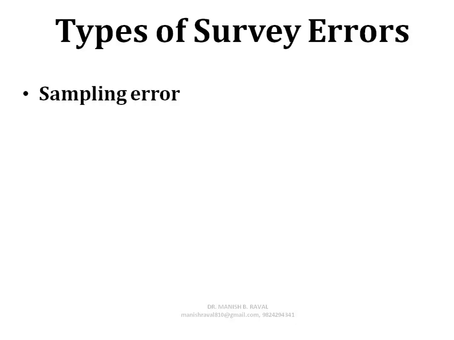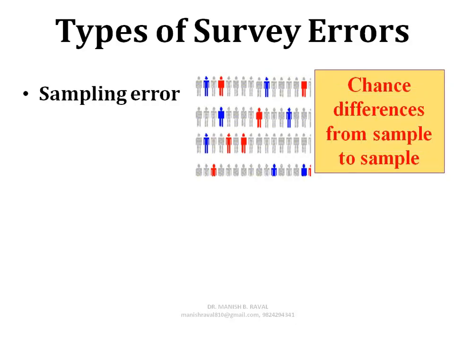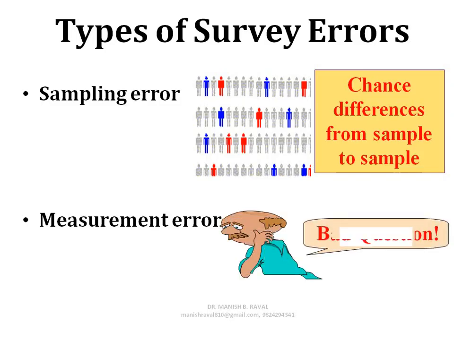Then comes sampling error, in which the chance of error differs from sample to sample. Another kind of error is measurement error, in which questions are not properly framed and as a result you do not derive proper conclusions.